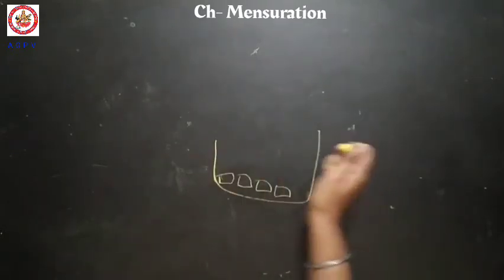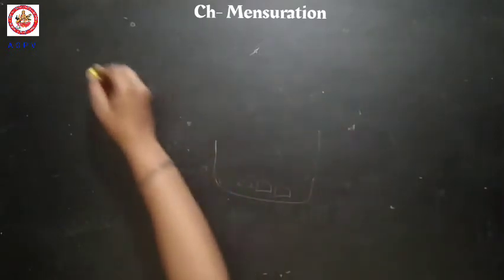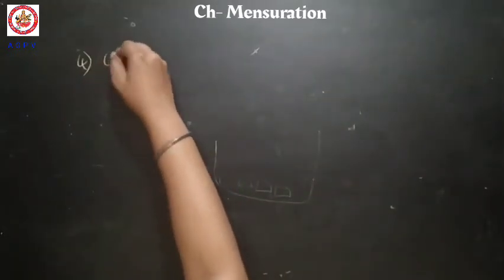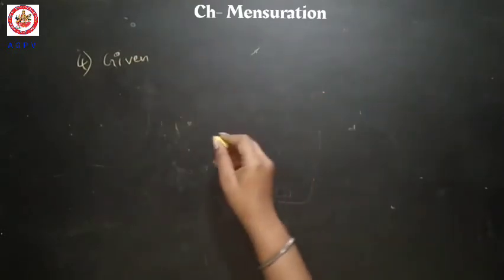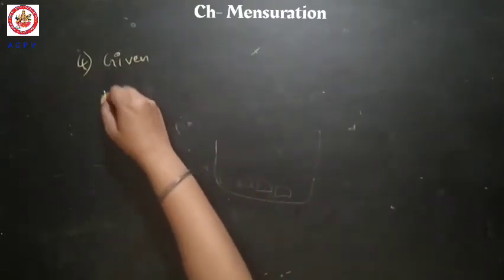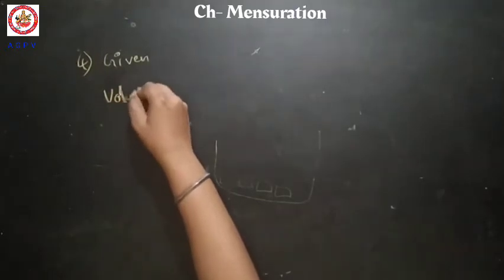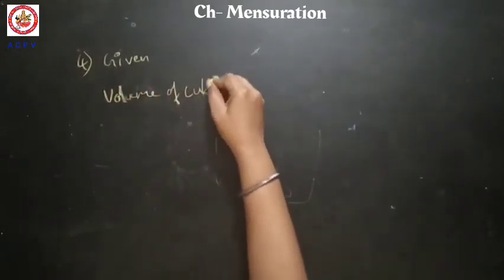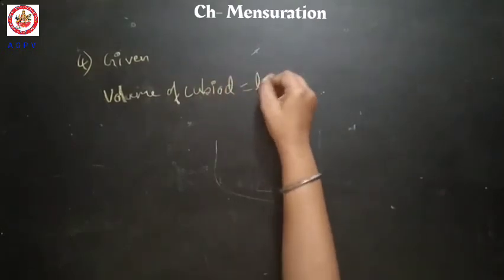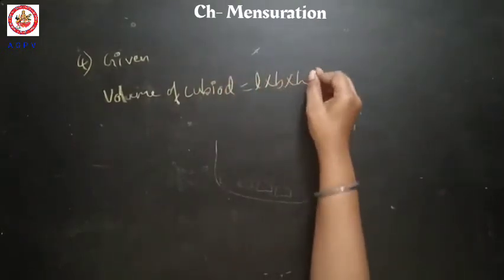So let us start writing what is given. The fourth one, given. They have given L into B into H directly. So let us write down directly the volume of cuboid. What is the formula of the volume of cuboid? It is length into breadth into height.